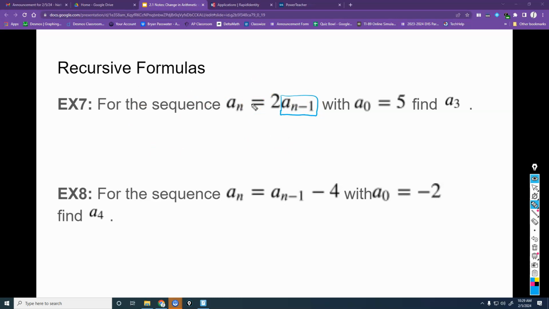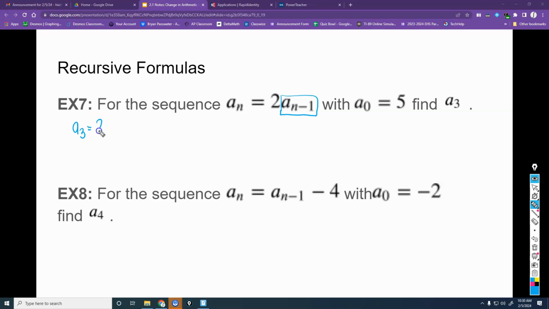Okay. So we've got the sequence a sub n equals 2 times a sub n minus 1, and they tell us that a sub 0 equals 5, and they ask us to find a sub 3. So if I'm finding a sub 3, that means I'm plugging in 3 for n.